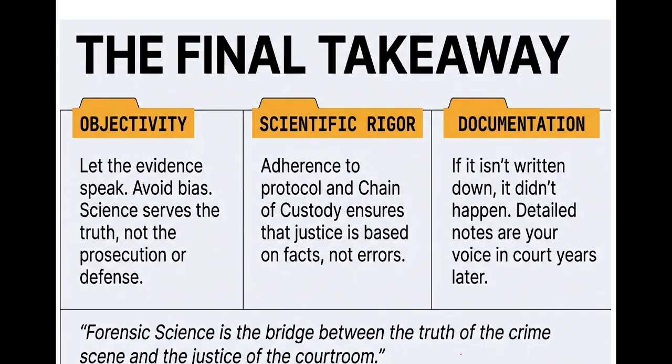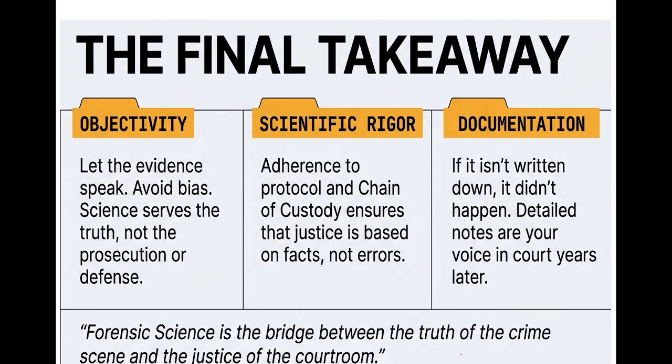Science serves the truth, not the prosecution or defense. The science is there to help identify the truth, not to help the prosecution because you don't like that person, nor to help the defense because you're against the police or whatever. It's not our job. Let the science speak.